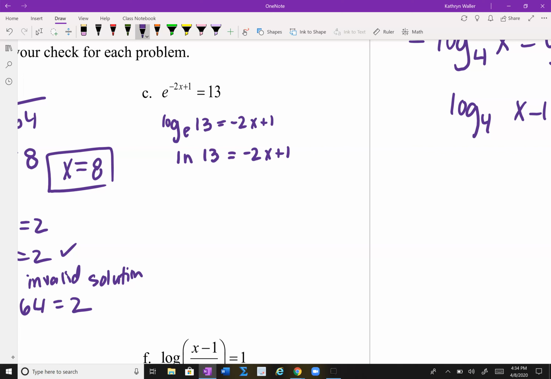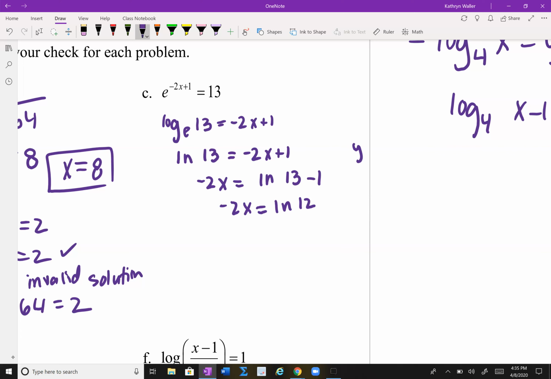Now pull your 1 over. I'm going to reverse the sides as well. So I'm going to have negative 2x equals ln of 13 minus 1. Now I want to freeze right there and say something. I would never write it like that, because my fear is the next thing you're going to do is write ln 12. The 13 is part of the ln, but the 1 is not part of the ln.